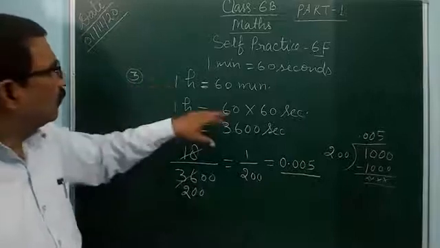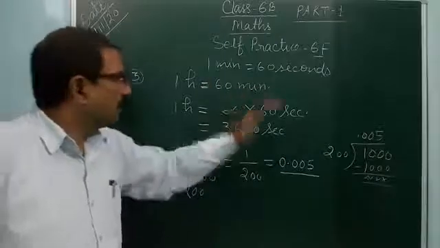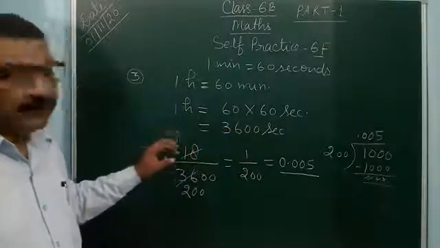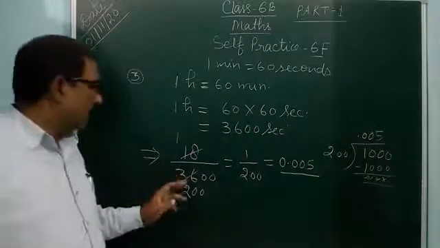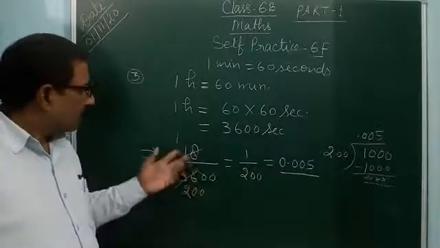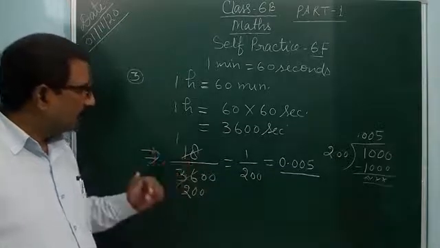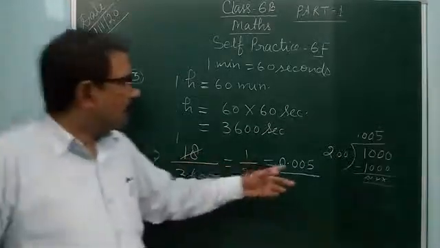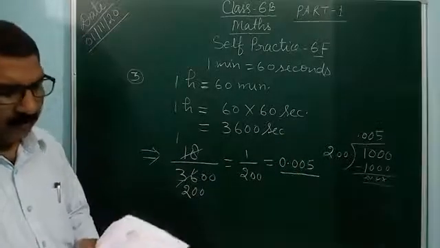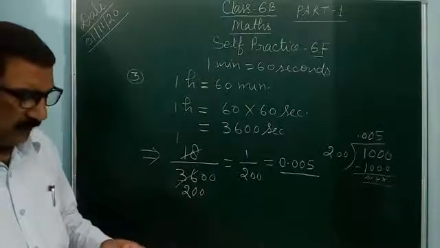So 1 hour is 60 times 60, which is 3600 seconds, and 18 seconds is changed into decimal form. So 18 out of 3600, 18 ones are 18, 18 twos are 36, 1 by 200, or you can say 0.005 in decimal form.